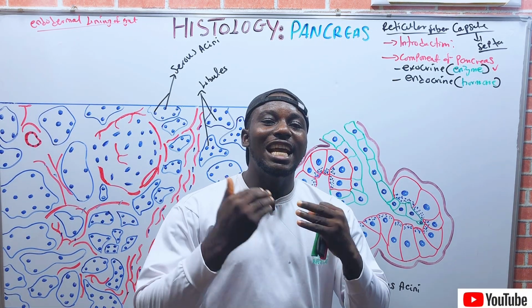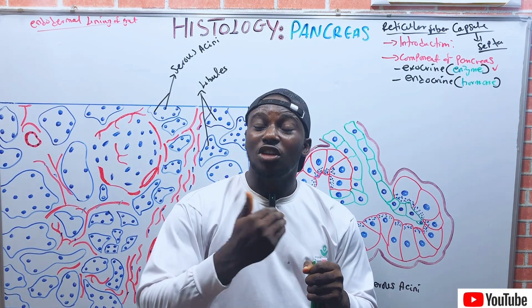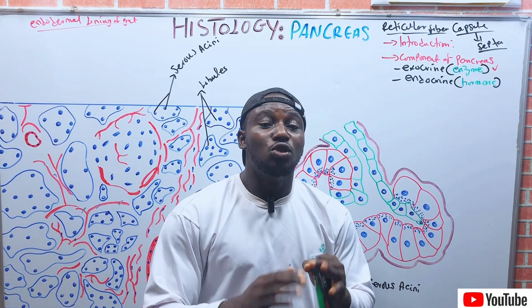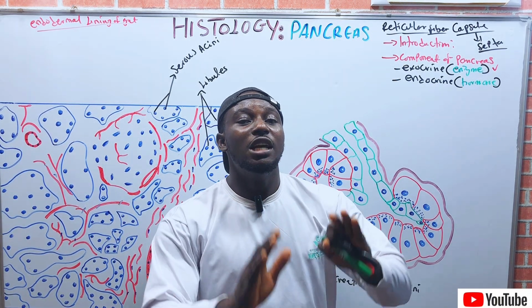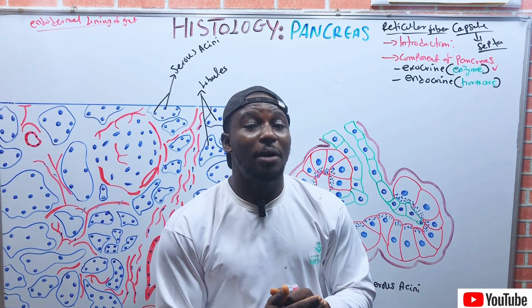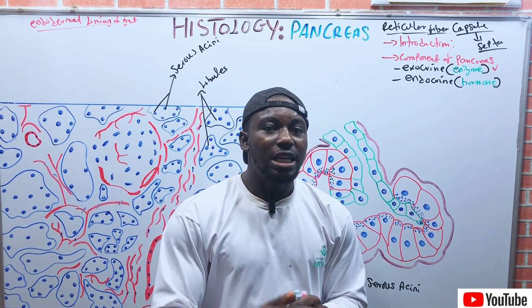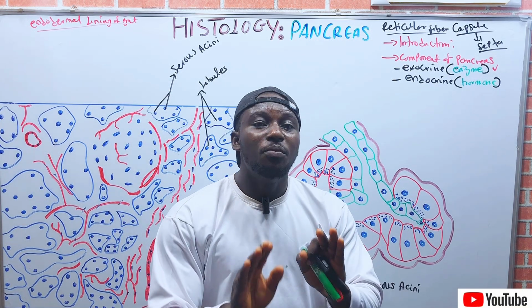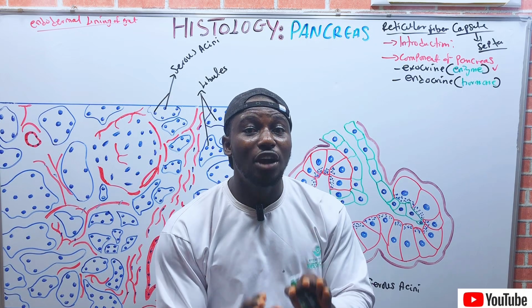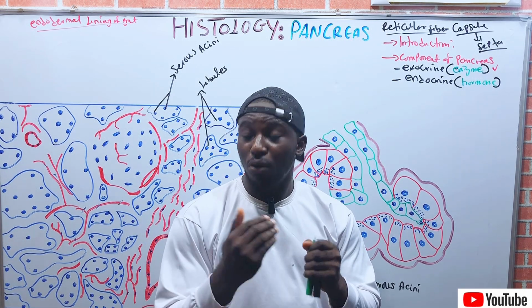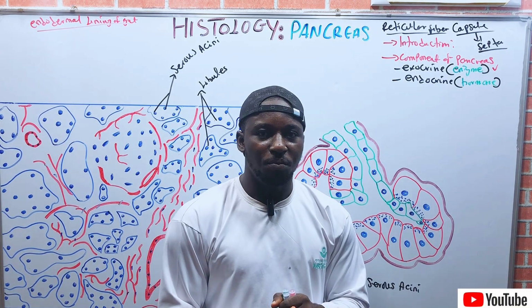So it is the endocrine element or the endocrine component of the pancreas that makes the histologic features of the pancreas a little bit different compared to the parotid gland. If it were only the exocrine component found in the pancreas, there would have been a problem in distinguishing the pancreas and the parotid gland, right?